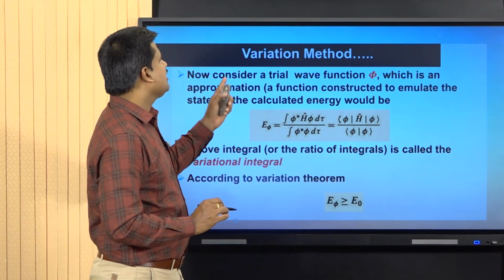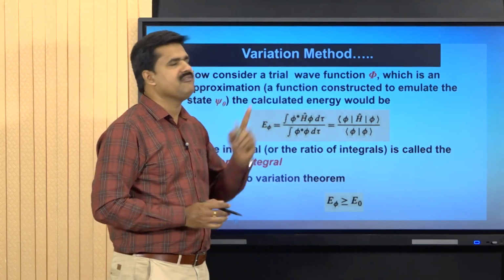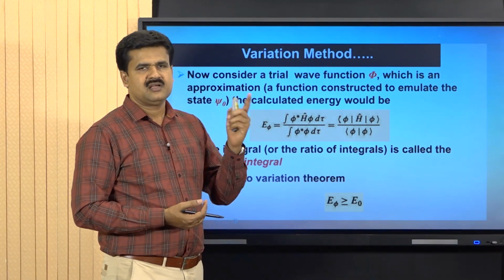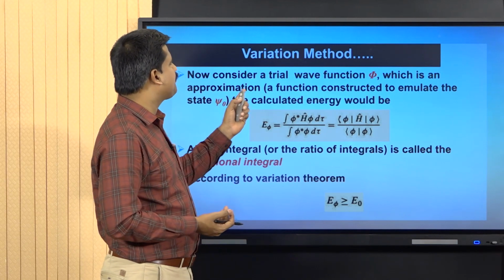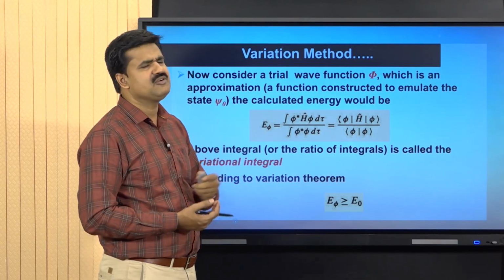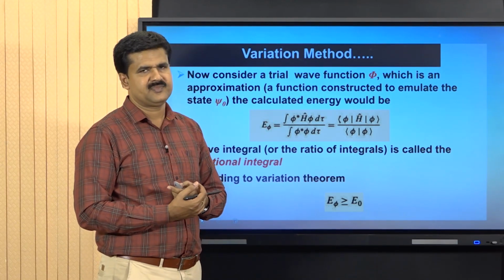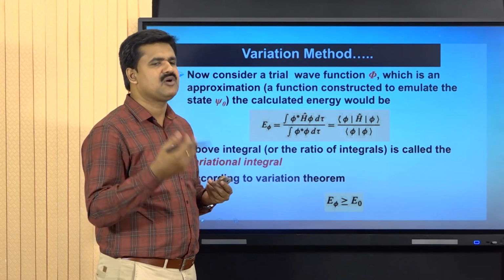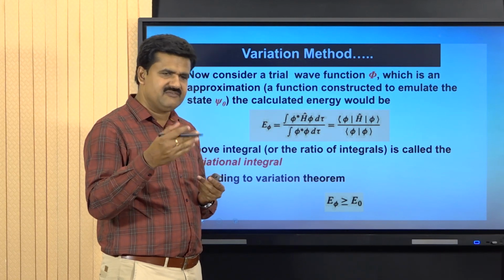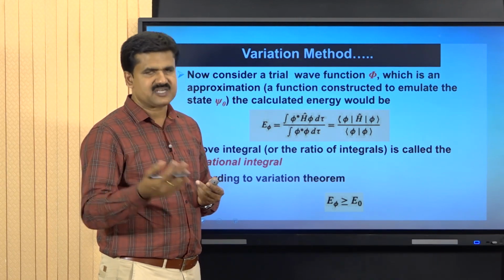Now, consider a trial wave function phi, which is an approximation. Let us have a quantum mechanical system to which we wish to apply the variation principle.